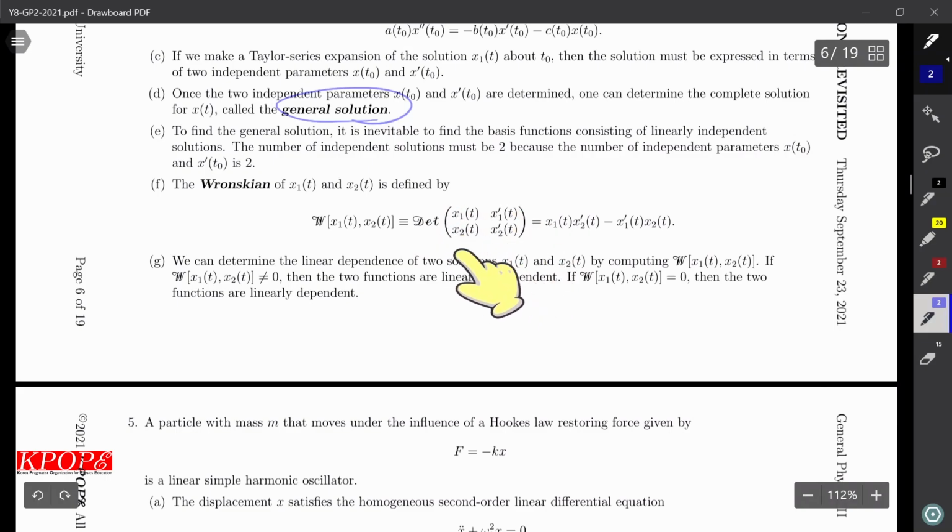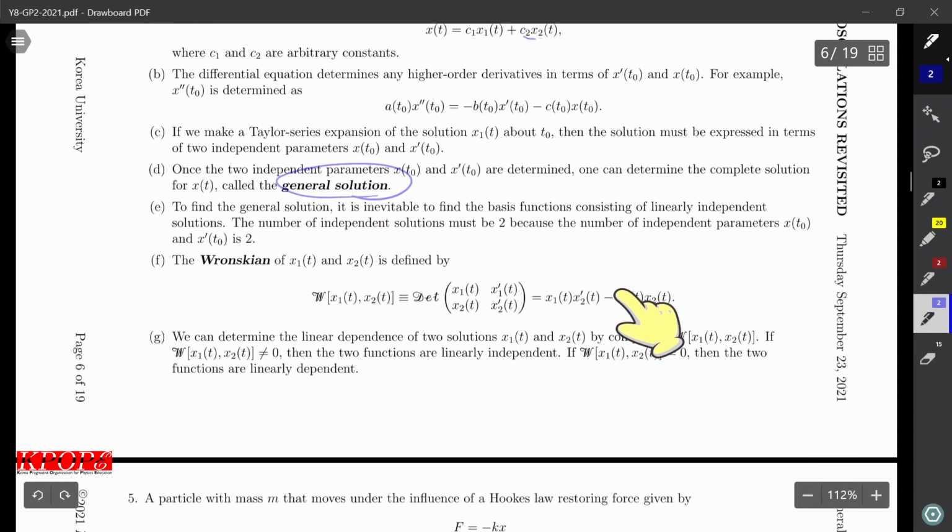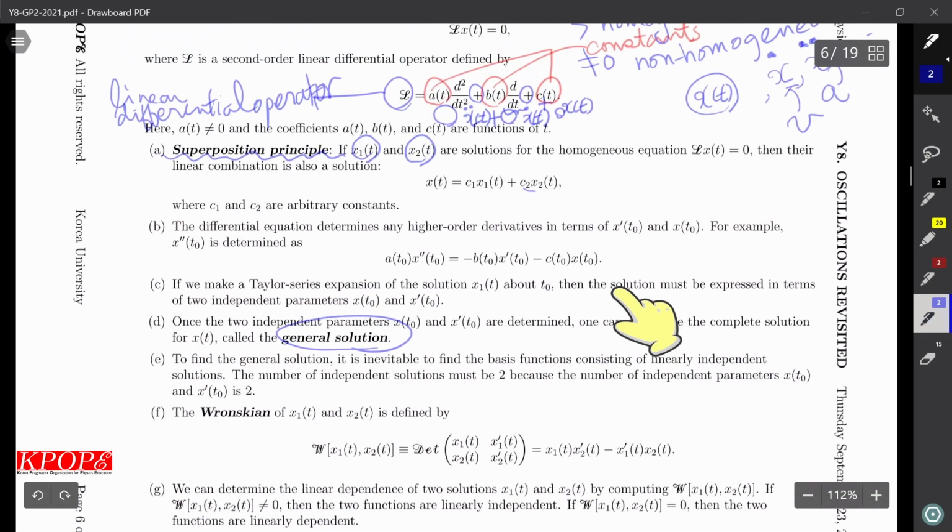If the determinant is 0, then they are linearly dependent, and if the determinant is non-zero, then the 2 solutions are linearly independent. So once you find the 2 linearly independent solutions for the second order linear differential equation, your general solution is just a linear combination of the 2 linearly independent solutions, with overall coefficients, added up.